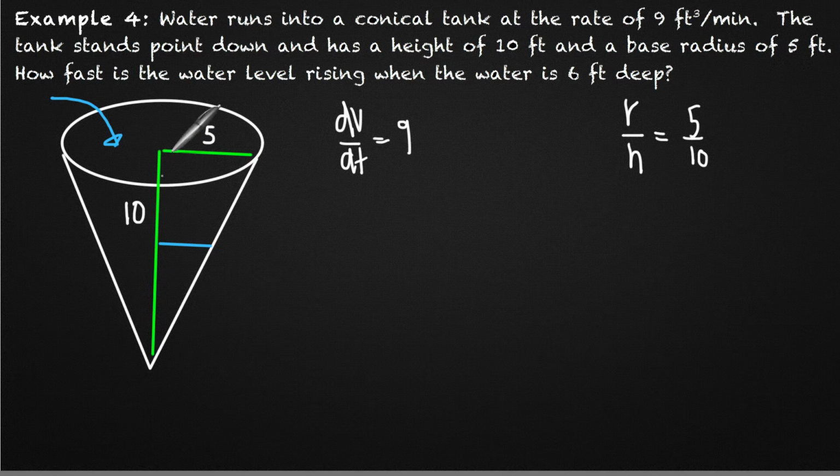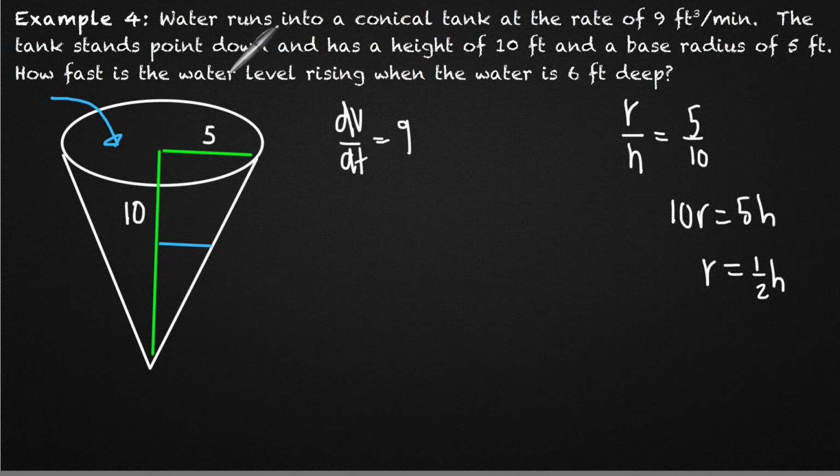And it works only with cones. It's a similar triangle from geometry. So you can cross multiply here and get 10r is equal to 5h. So now we can get a relationship and say r is going to be 5 over 10, so that's going to be 1/2 h. That's going to make our life a little bit easier here.